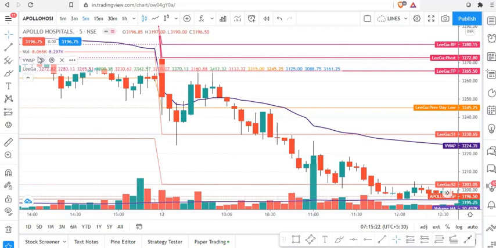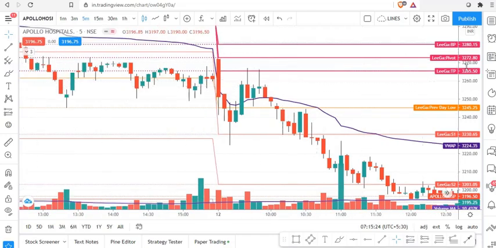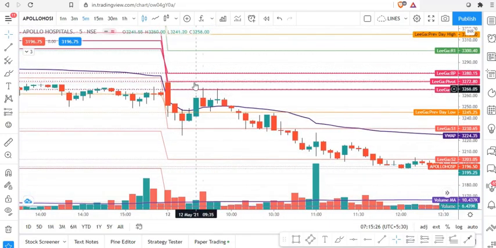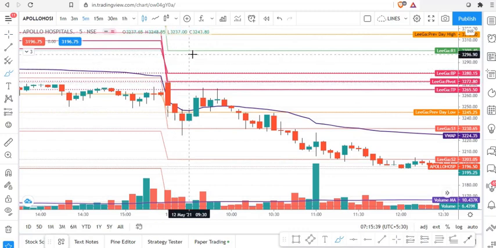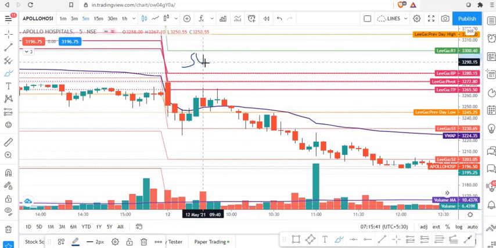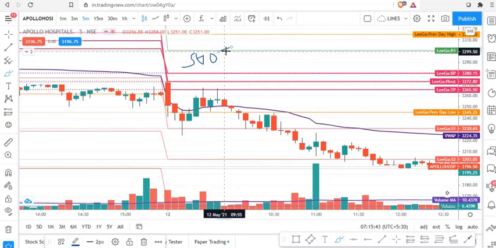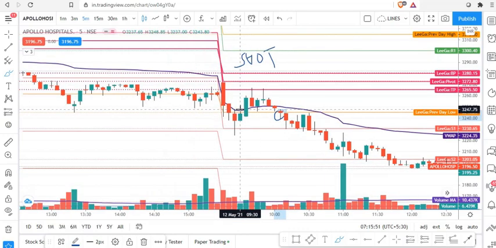Remove drawings. First we add the CPR, Vwap and volume chart. This is exactly open inside the CPR. We don't take entry because the Vwap line is here. This is surely for short. The first 5 minute candle closes below the Vwap.